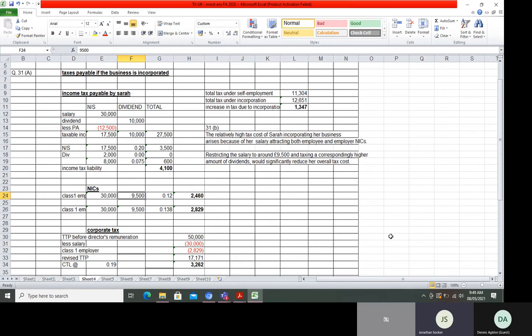Right. So it's better to push much of the income for tax purposes through dividend and something small from what? Salary. And that will improve our tax position. Right.